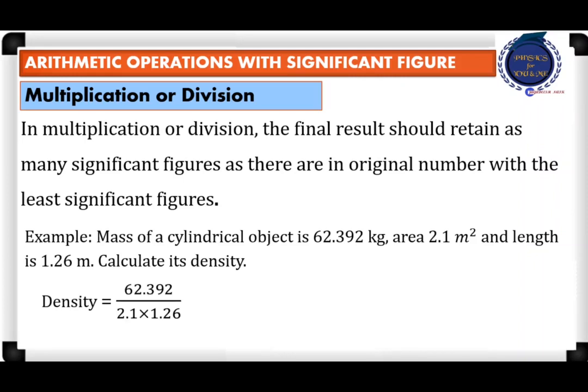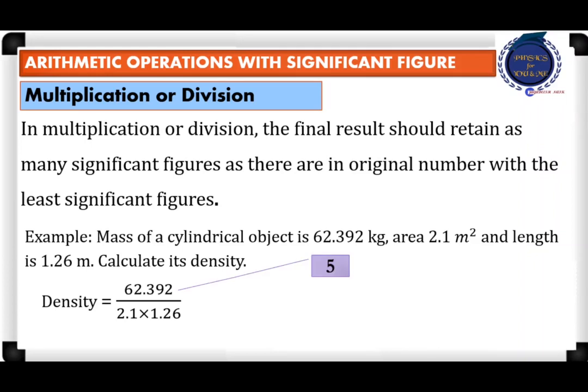The formula for measuring the density is mass per unit volume. Hence, substituting the values, we get 62.392 divided by 2.1 into 1.26. Here, the number of significant figures in the mass is 5.